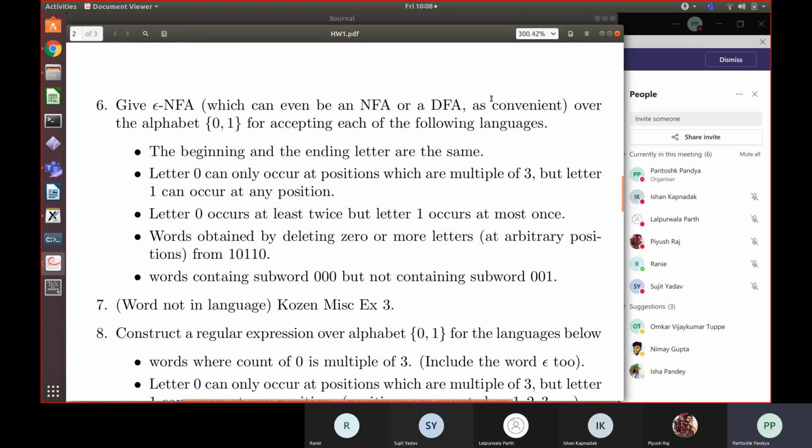You use any of these 3 kinds of automata as convenient. Alphabet is always 0, 1. And let me try to solve the second bullet. That is, letter 0 can only occur at positions which are multiples of 3, but letter 1 can occur at any position. So let me clarify the question.